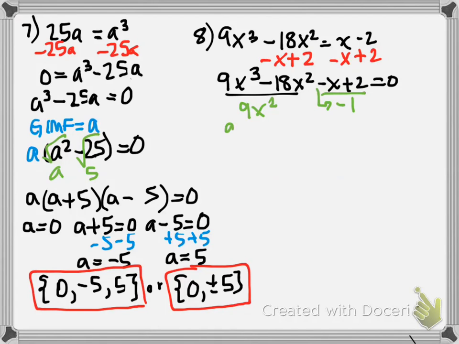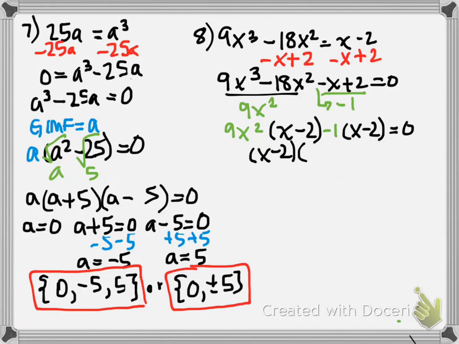So when I factor out the 9x squared, I'm left with an x minus 2, and when I factor out the negative 1, I have a positive x minus a 2. Well, let me go back and change that. And all of that equals 0. So we get the x minus 2, and then we have the 9x squared minus 1 equals 0.